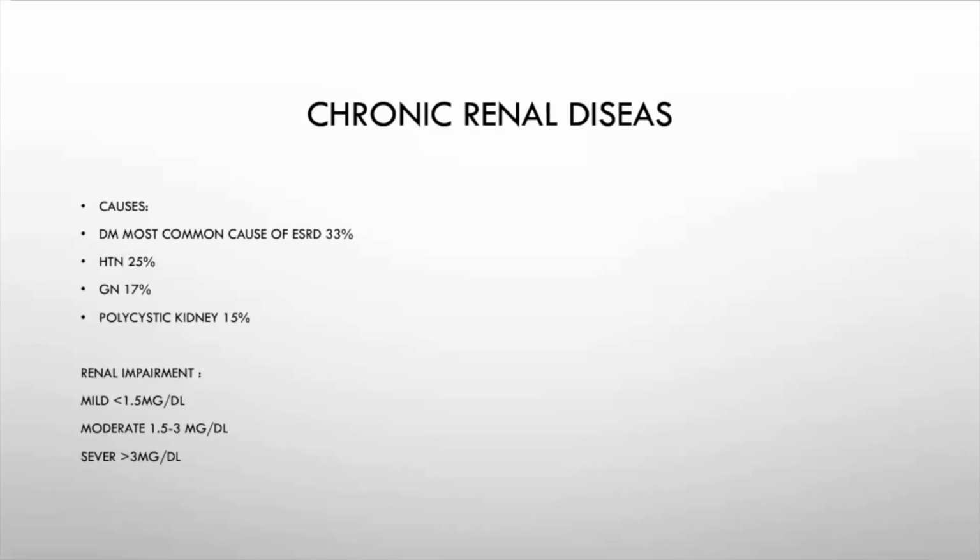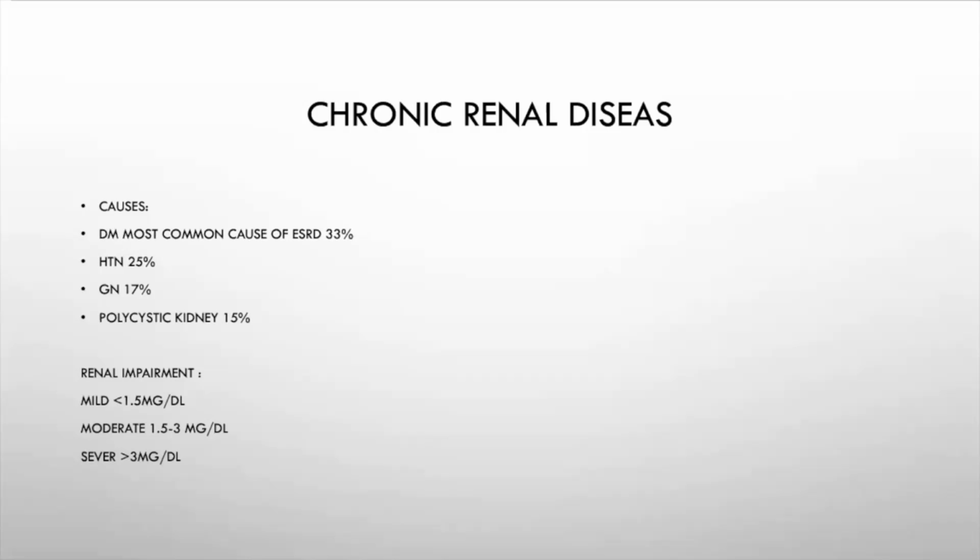Now coming to renal impairment. This chronic renal disease can also lead to renal impairment. So how will this impairment occur? The impairment might be mild, moderate, or severe. So what does mild impairment mean?